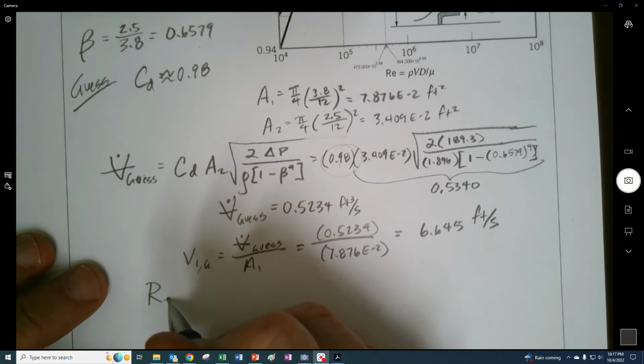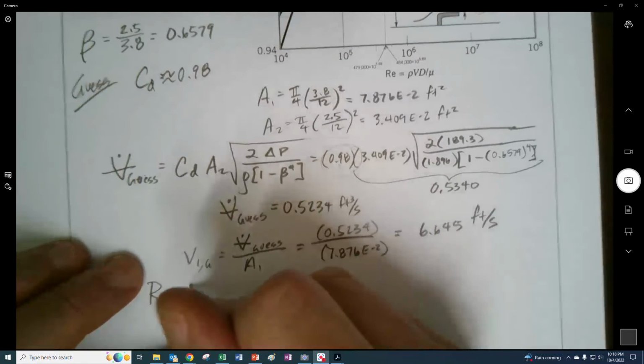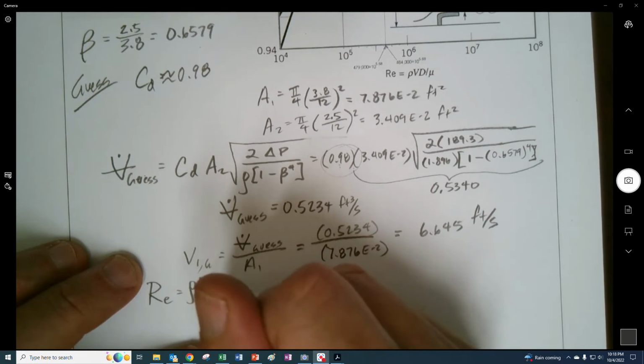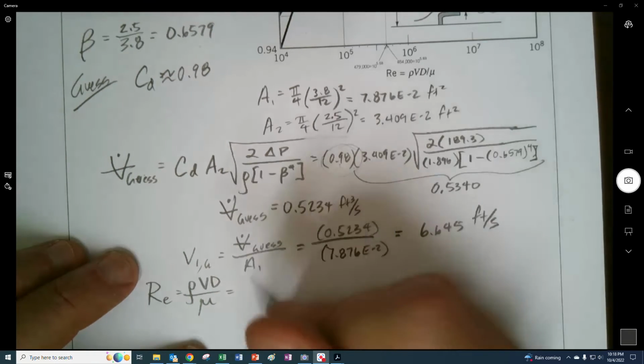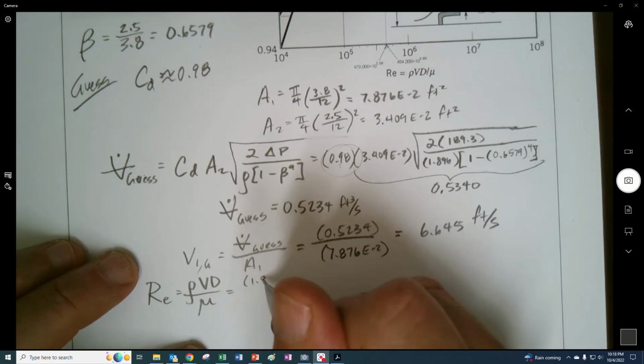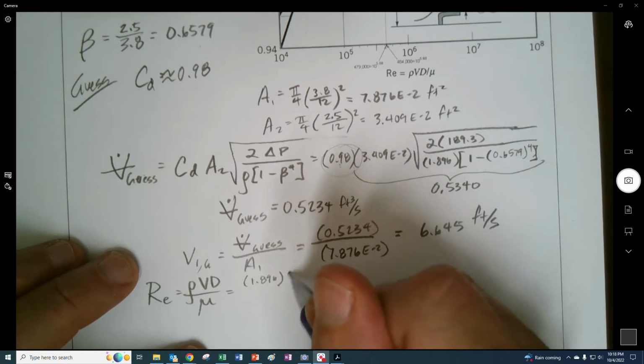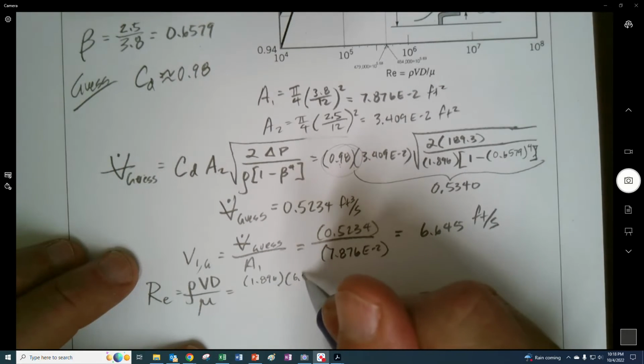So we take a Reynolds number. That's going to be rho VD divided by mu. So our rho is 1.896. Our velocity we just found is 6.645.